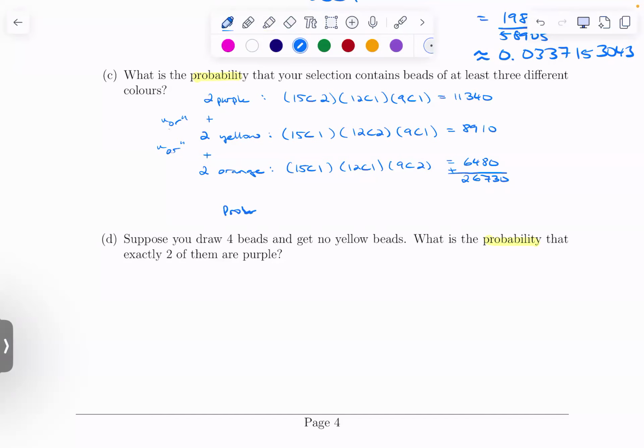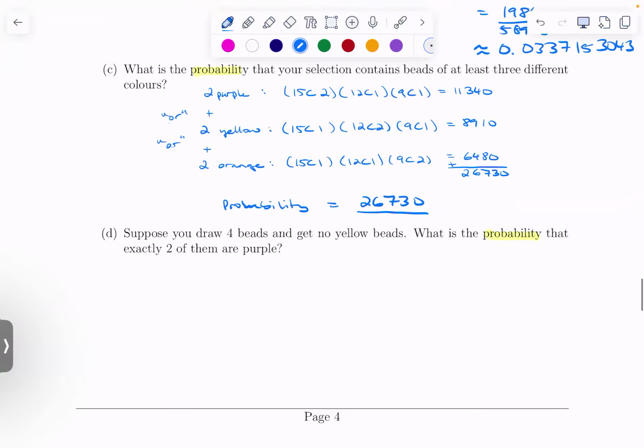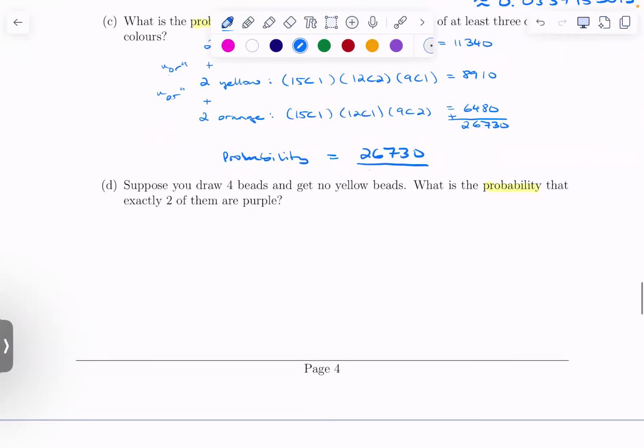So the probability is 26,730 divided by however many ways I can choose 4 from my total, 36.